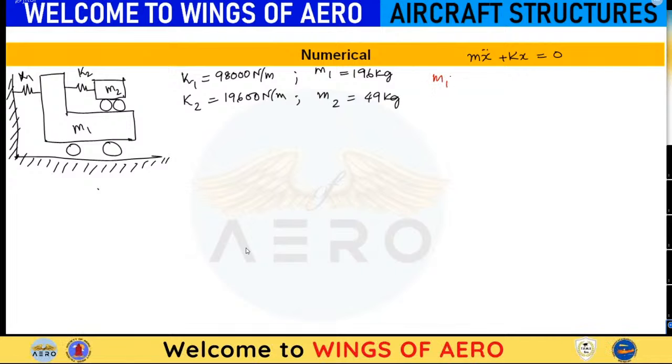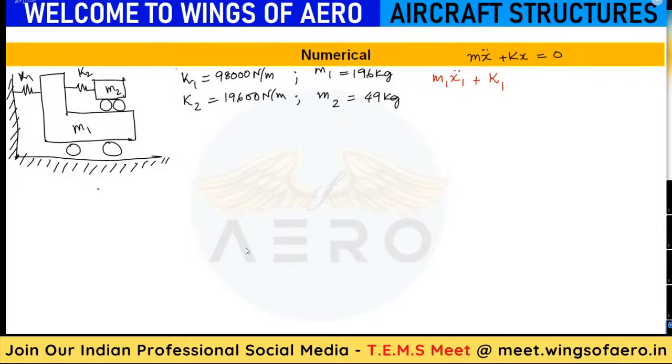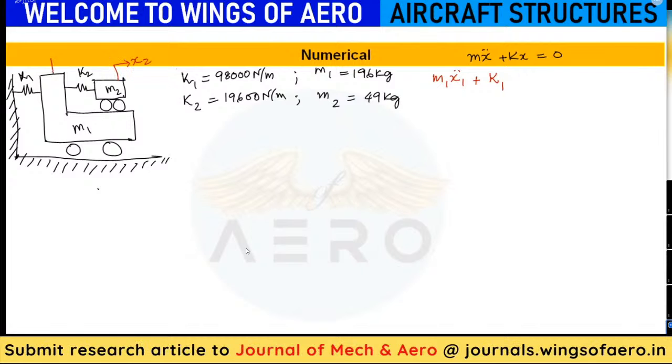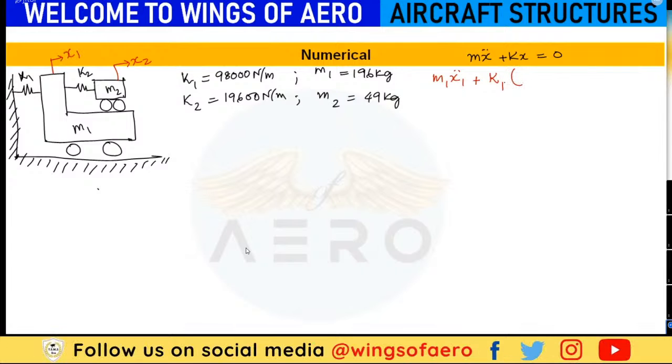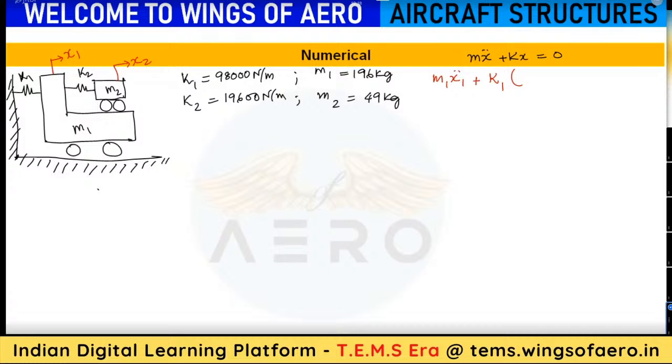Can I write m1 x1 double dot plus k1 into, here we'll have two different displacements, x2 and x1. So what can we write? x1 minus x2, ma'am? Yes.